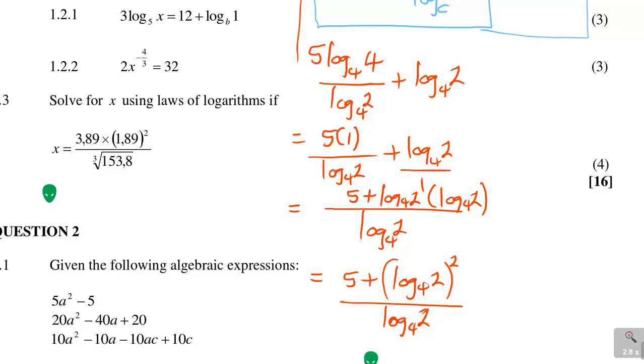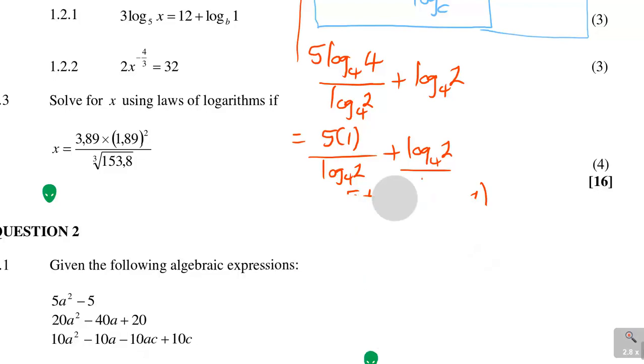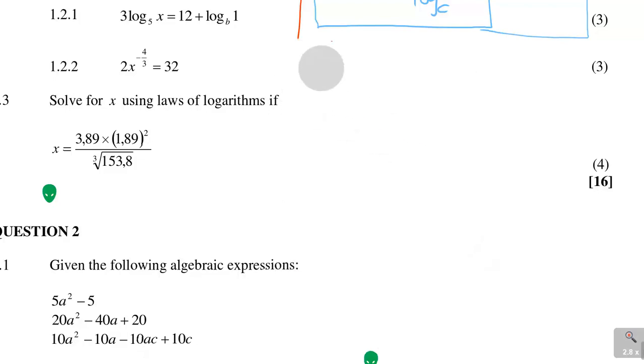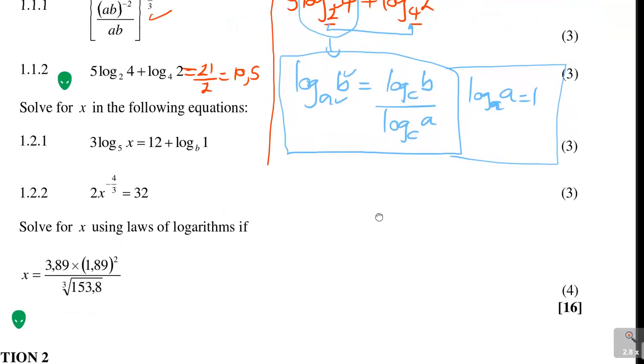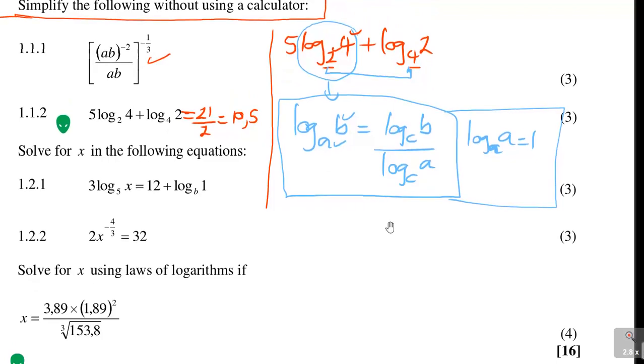So now actually something is also coming to my mind to say, in here I have that, but I could have actually done the opposite. So let me just change this. Instead of changing everything into log base 4, let me change everything into log base 2, the smaller base.